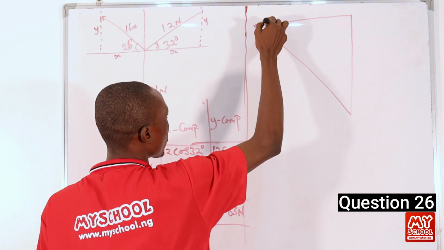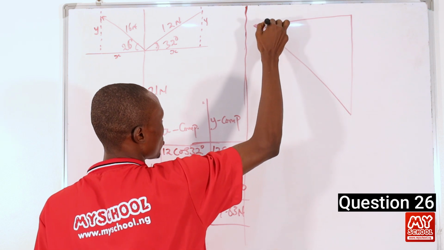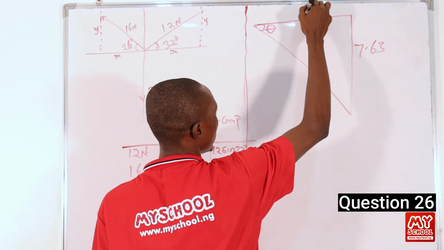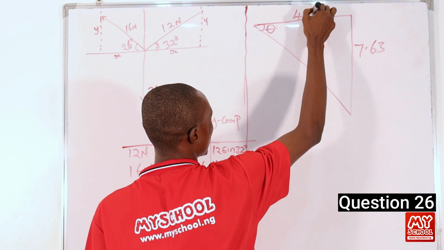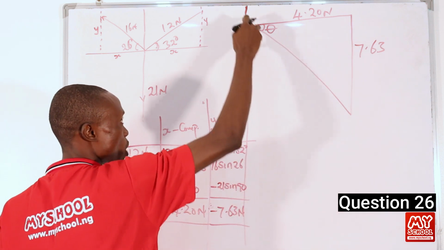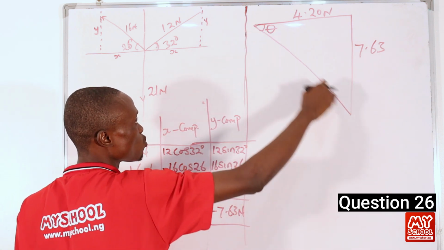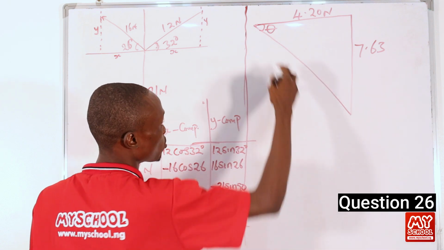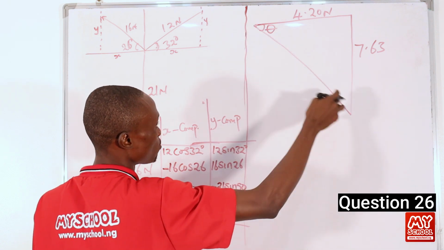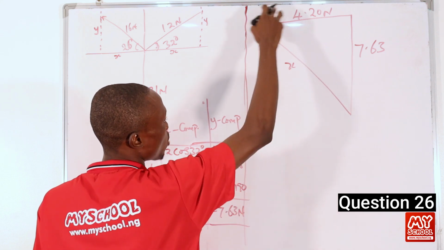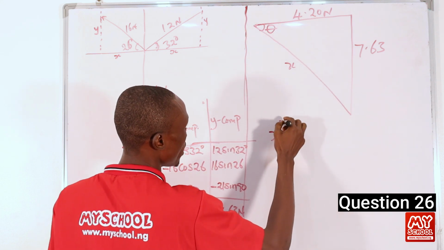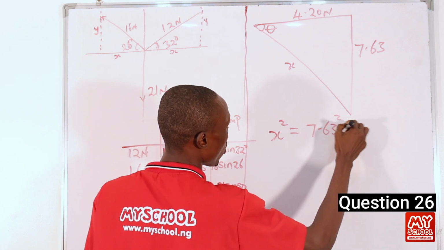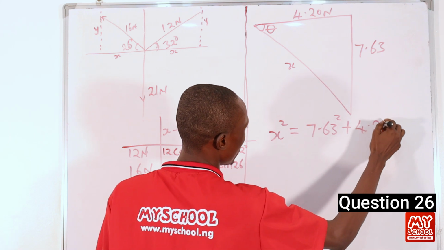But we are told that the angle is formed with the x axis. So this is where theta is going to be. Y here is 7.63, and this place gives us 4.20 Newton. But we are looking for the hypotenuse of this right angle triangle. So here we simply apply Pythagoras theorem to get the magnitude of the force. Let's call it x. Applying Pythagoras theorem, x squared is equal to 7.63 squared plus 4.20 squared.